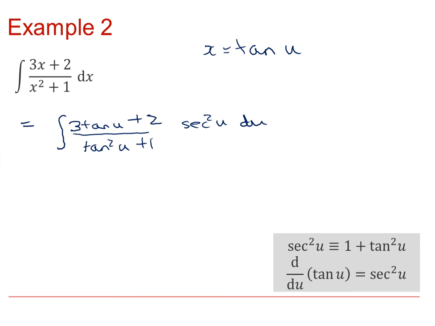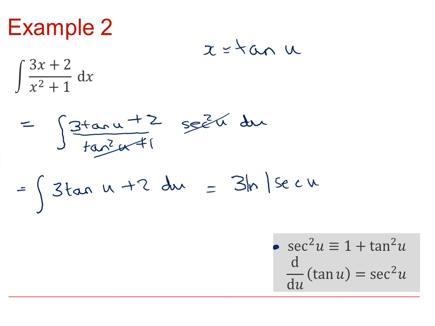We can see that the sec squared u and the 1 plus tan squared u can cancel out using this identity here. So integrating 3 tan u plus 2 gives us 3 times the natural log of sec u, that's a standard result we can use, plus 2u plus c.